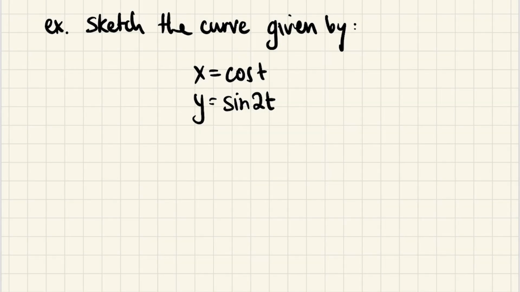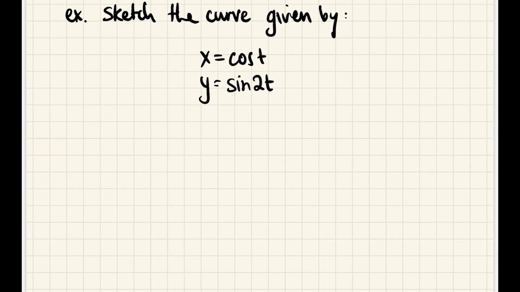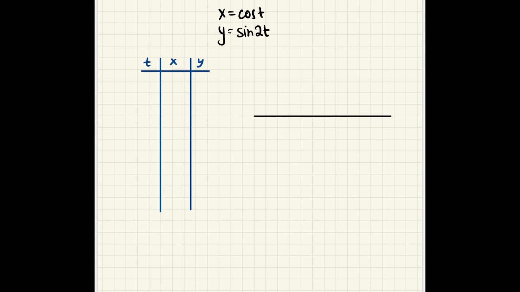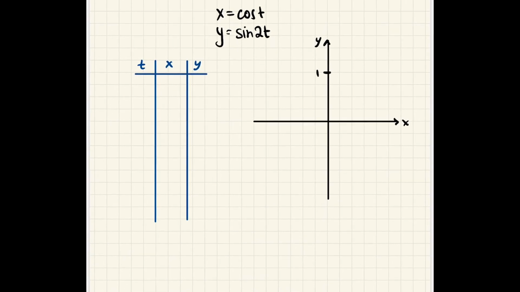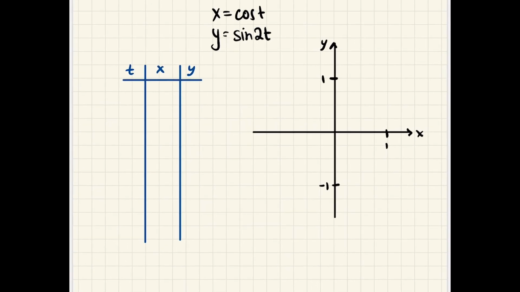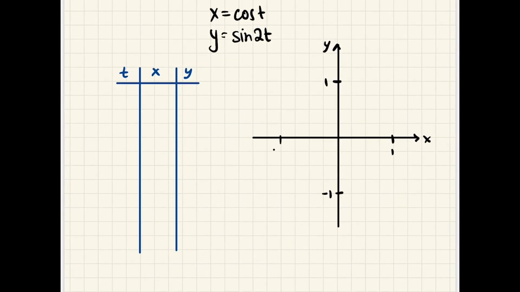All right, so again, we're given a set of parametric equations here, and we are asked to sketch the curve. So yeah, let's just make a table of values. Now, we understand that the range of the sine and cosine functions are -1 to +1 each.